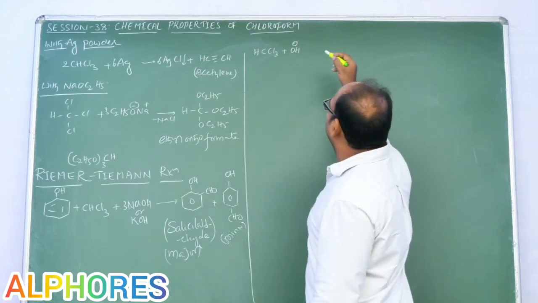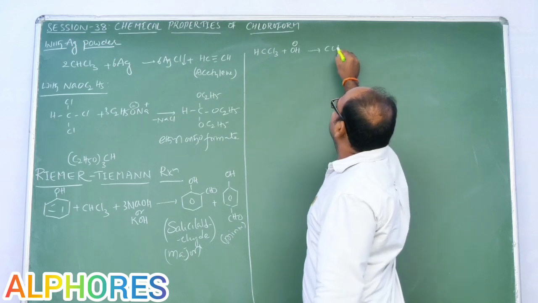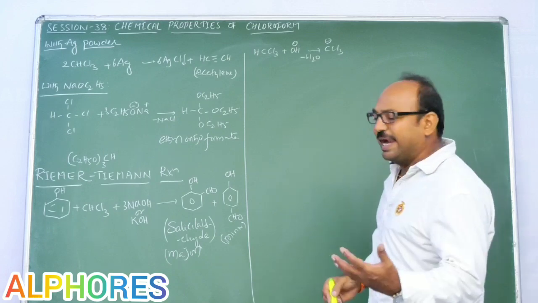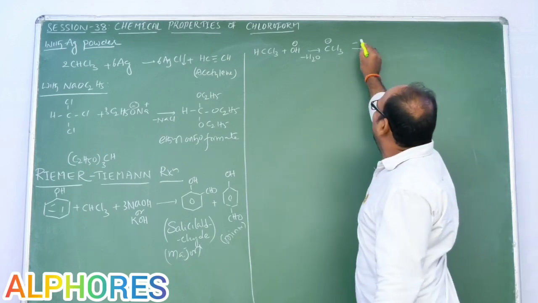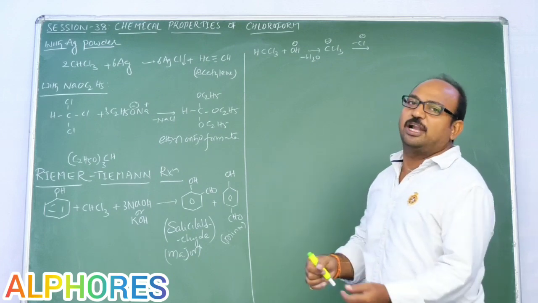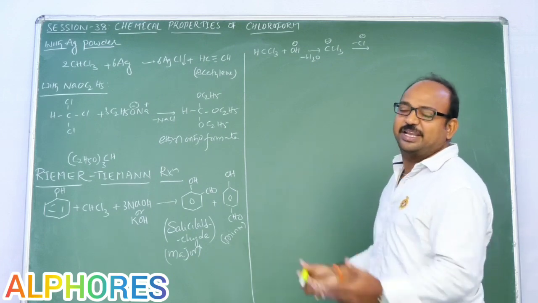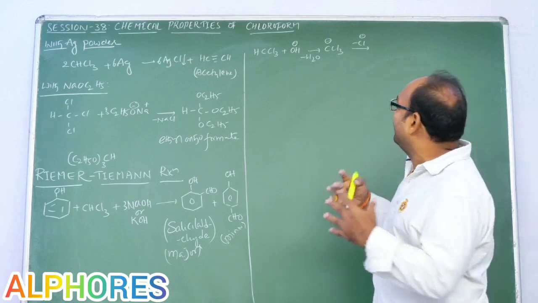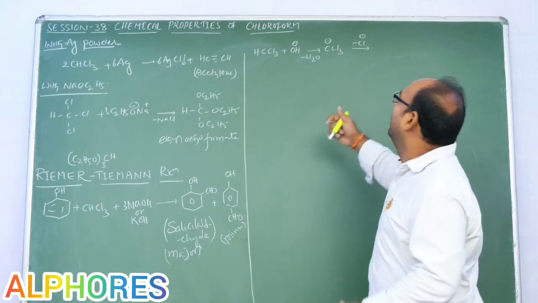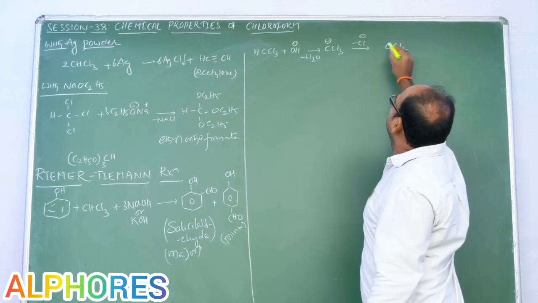So it abstracts a proton and gives CCl3 minus, and this CCl3 minus further loses Cl minus because Cl is a good leaving group, more electronegative. Whenever carbon acquires a negative charge, it facilitates the leaving of Cl as Cl minus. Hence we get CCl2.